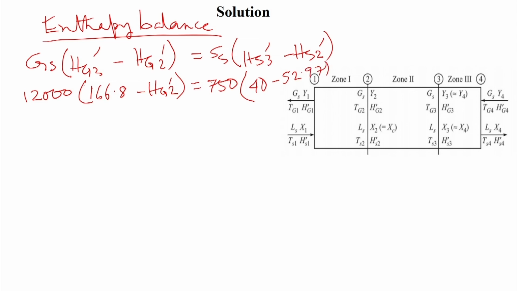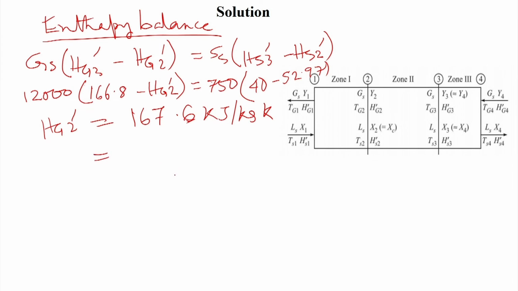From here we will be getting Hg2 prime. So, that is coming out at 167.6 kilojoule per kg Kelvin.